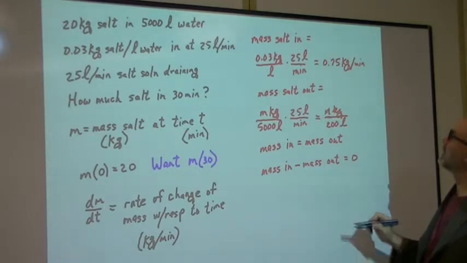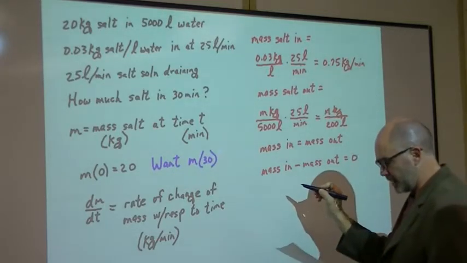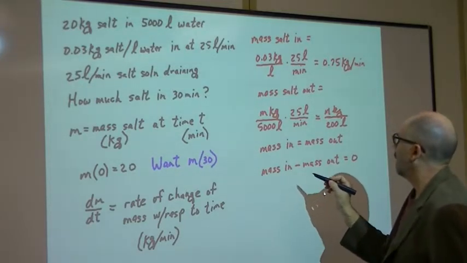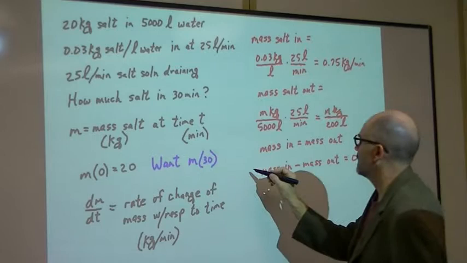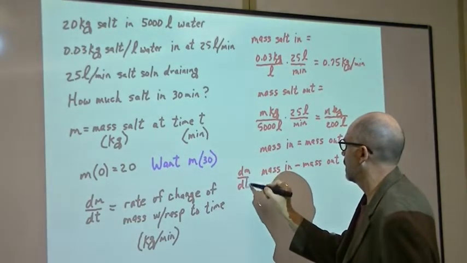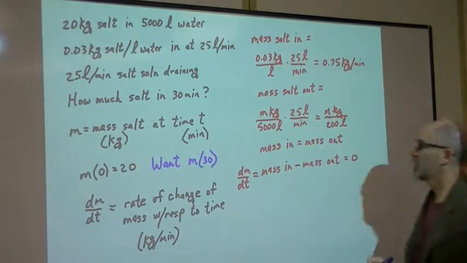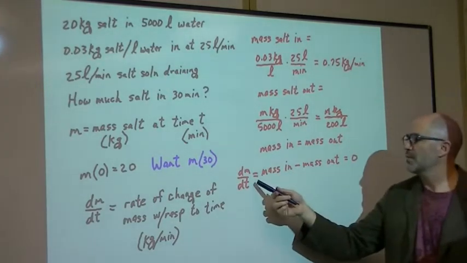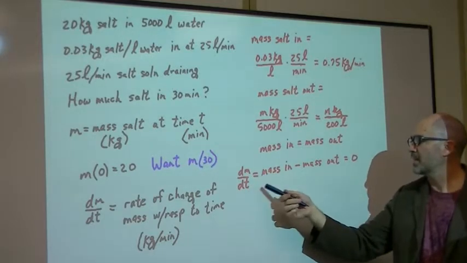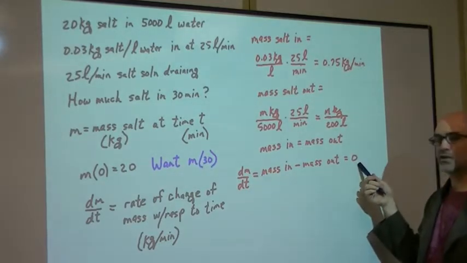So the mass in is 0.75 kilograms per minute, and this really is dm dt. Because what we're saying is the rate of change of mass of salt with respect to time never changes.